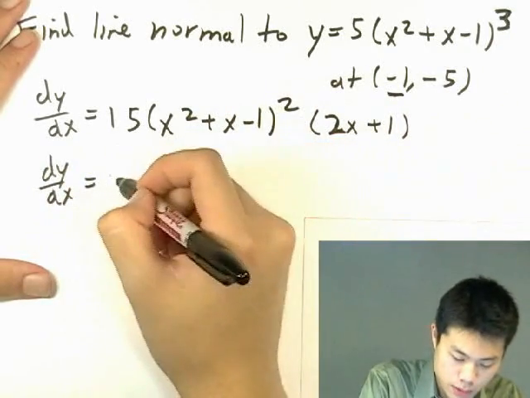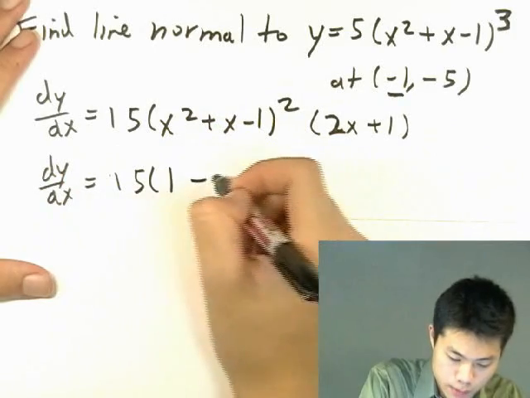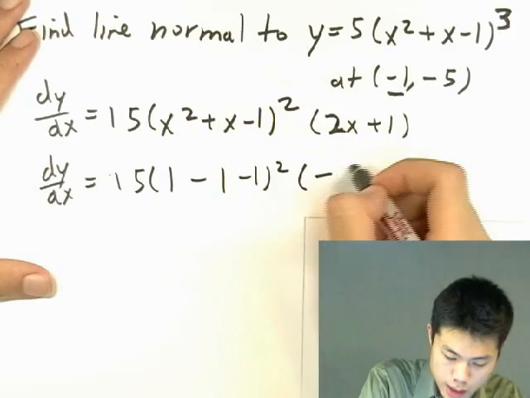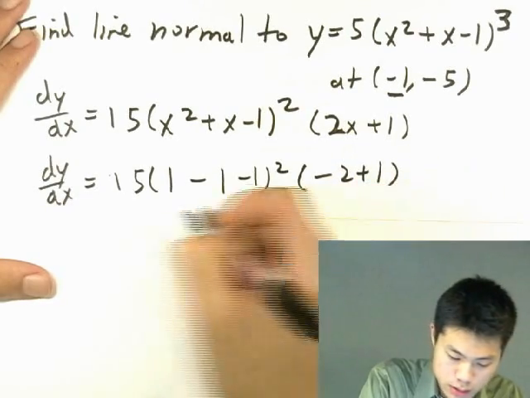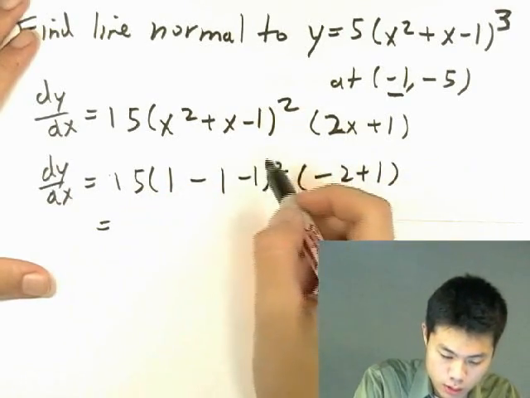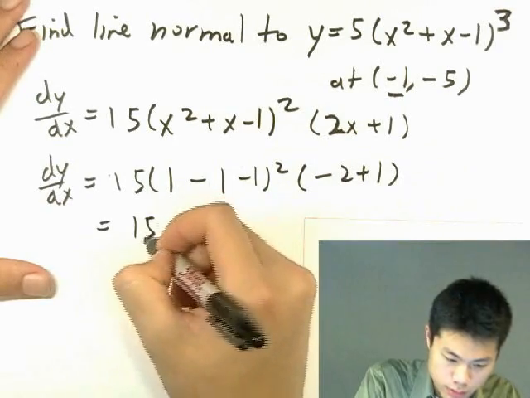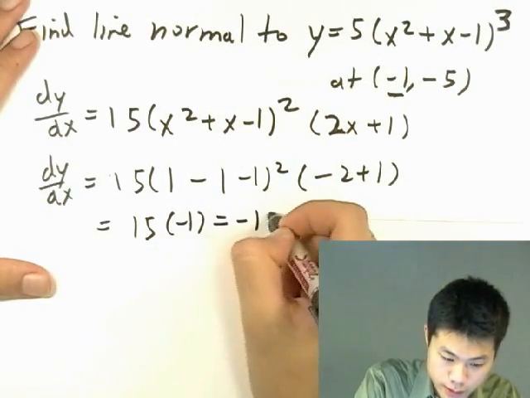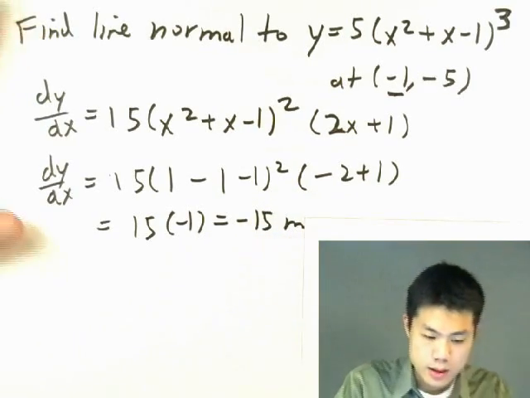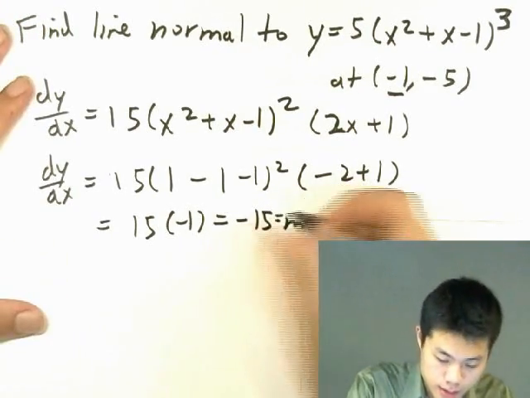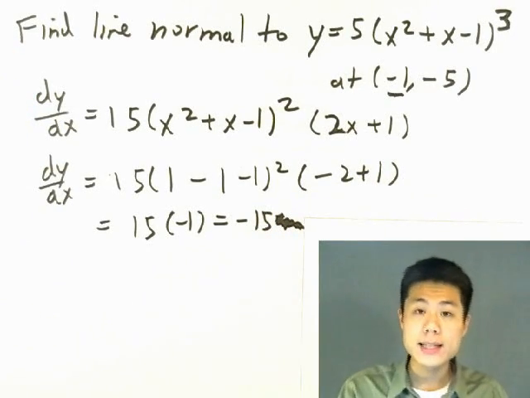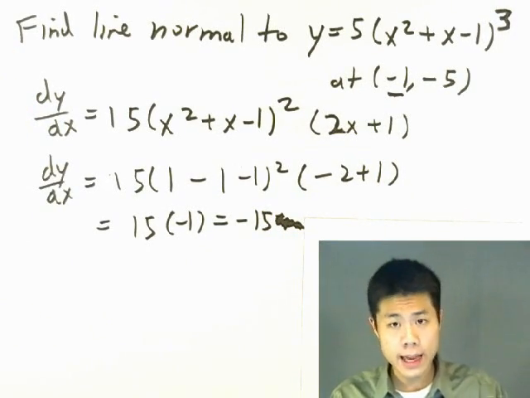So then that's going to be 15 times 1 minus 1 squared times negative 2 plus 1, which is going to equal 15 times negative 1 equals negative 15. Negative 15 is equal to the slope of the tangent line.